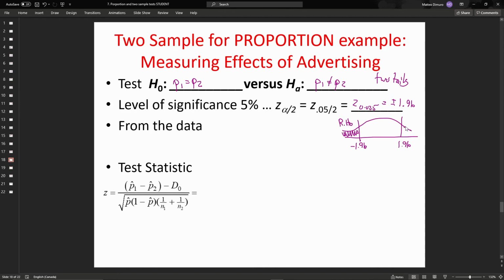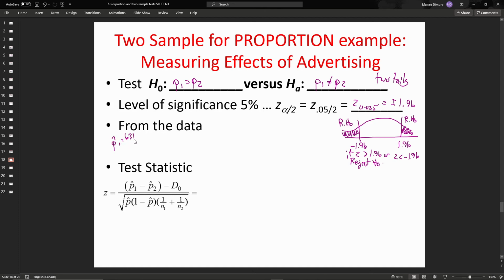Reject H0. So you might say, if Z is greater than 1.96 or Z is less than negative 1.96, reject H0. Don't skip the step, it's important. From the data, we already wrote out the stuff about p hat 1.